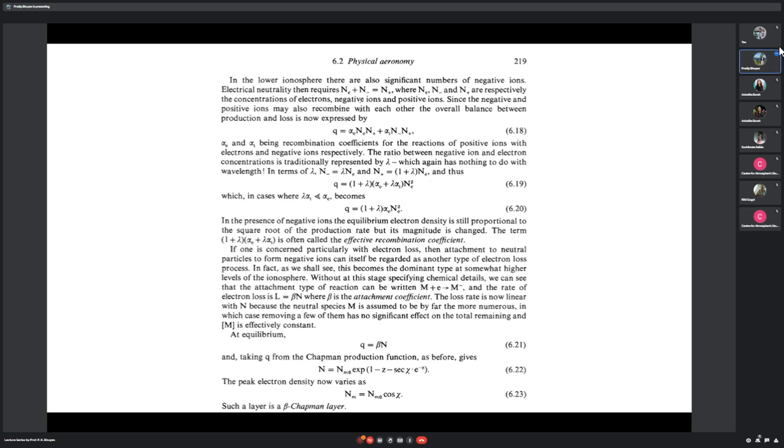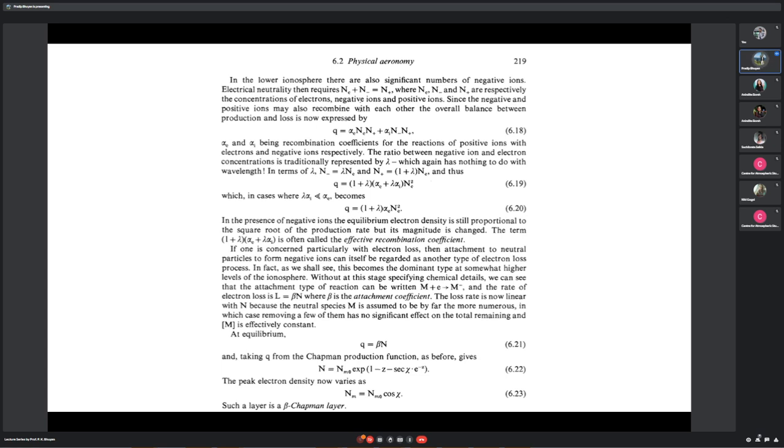Now it has been modified. Alpha is now a modified alpha, 1 plus lambda alpha E plus lambda alpha I, and therefore it is not the recombination coefficient, but the effective recombination coefficient.